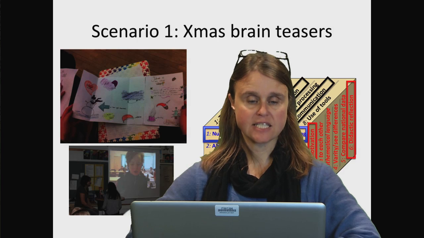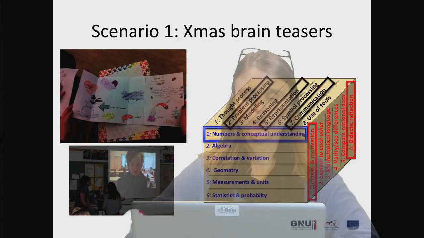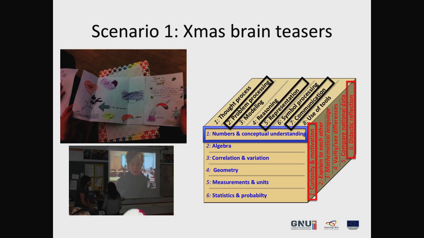For example, in scenario 1, the students made Christmas brain teasers for one another. The students individually made up tricky mathematical problems that they sent over to the other nation, and a student in the other nation would solve the puzzle, and then they would meet in a Skype meeting to have a real-time presentation of how they solved each other's tricky problem and got feedback from each other.